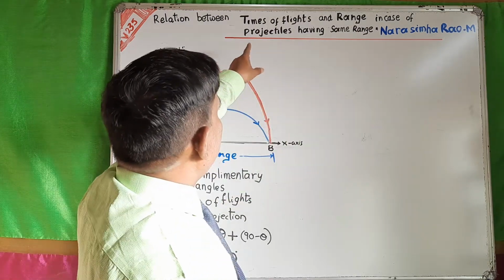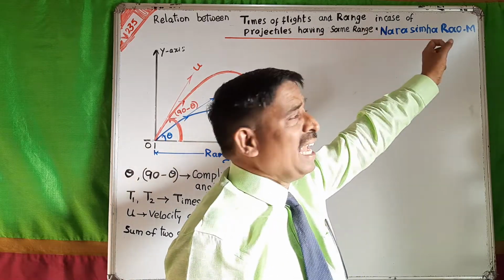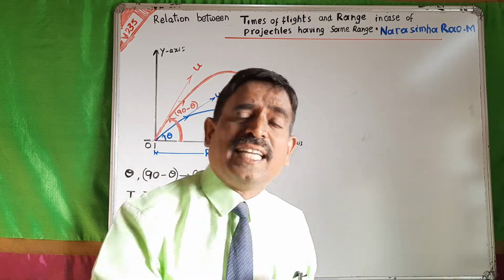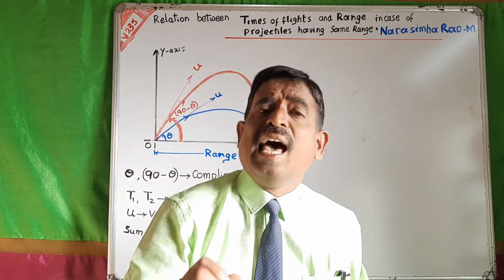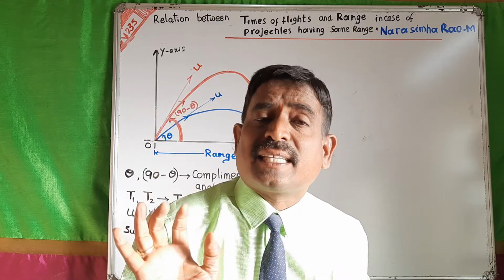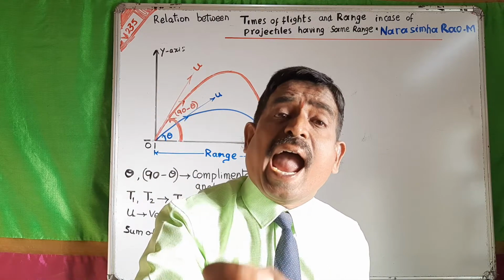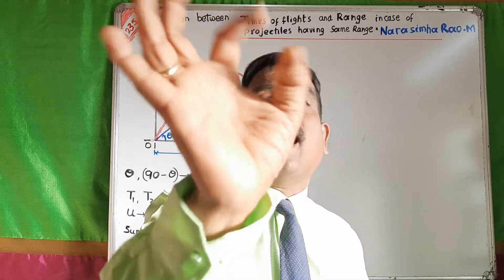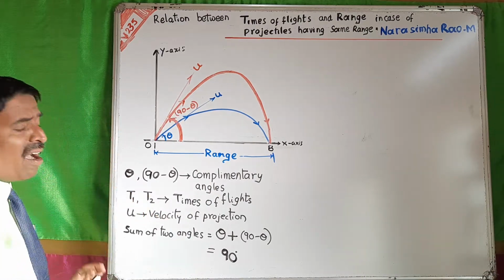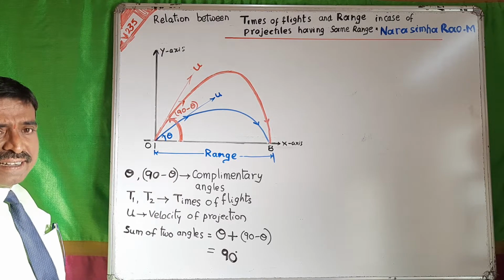Relation between times of flights and range in case of projectiles having the same range. Range of the projectile is the same means the sum of the measure of the two angles must be 90 degrees. One angle is theta, another angle is 90 minus theta.